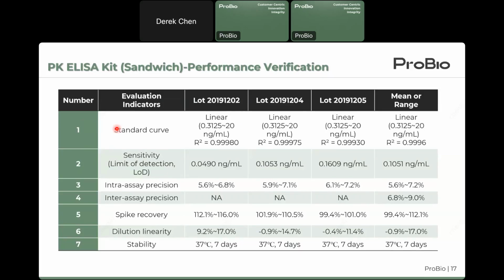So here is a list of typical metrics for PK assay development. Besides the standard curves and the detection sensitivities mentioned in previous pages, the assay precisions, the spike recoveries, dilution linearities, and stabilities are also crucial parameters.